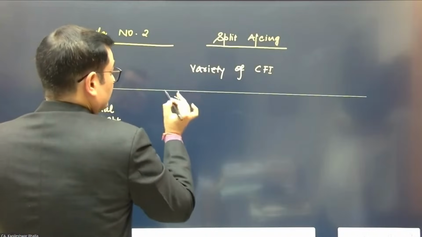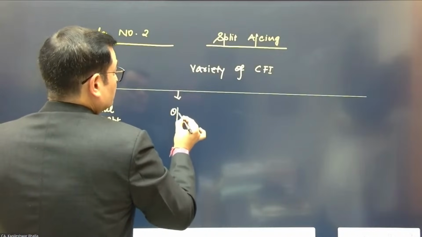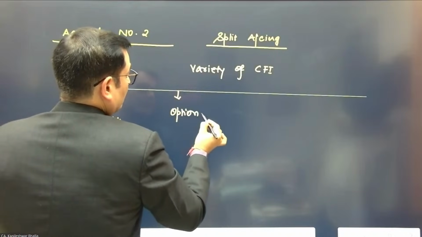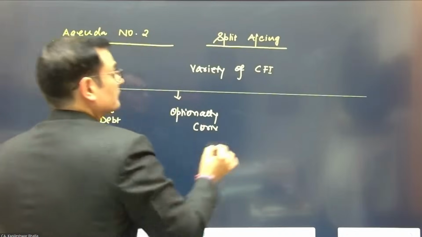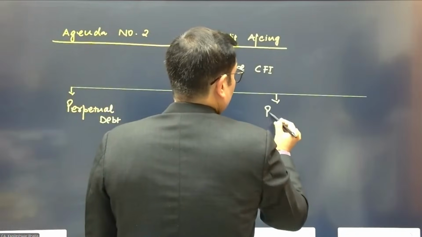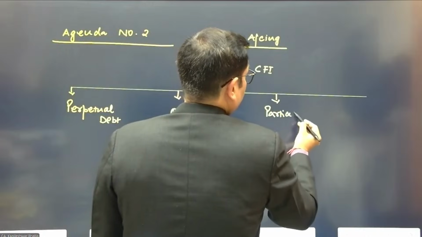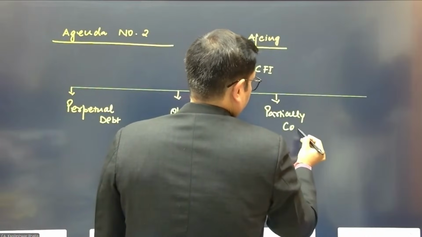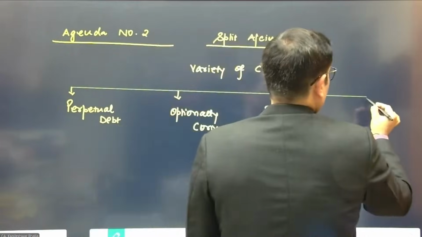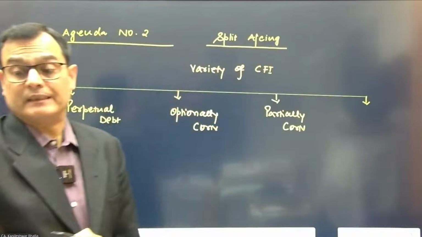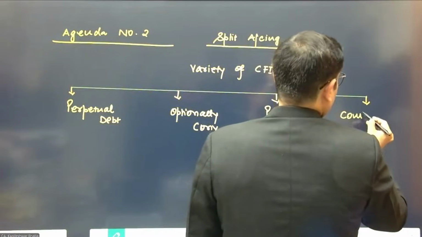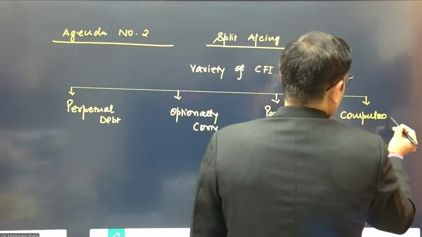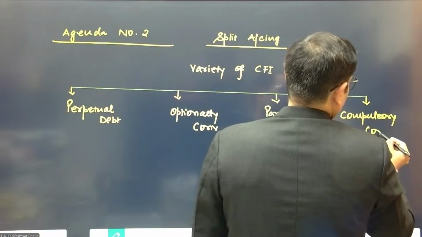Then we looked at the case of an optionally convertible instrument. Then we looked at the case of a partially convertible instrument. And then we also started looking at, which we are still solving, compulsory convertible, mandatorily convertible in nature.